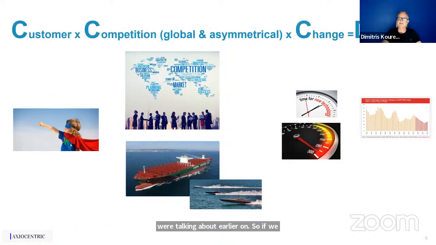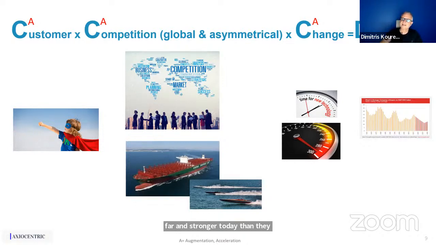So if we think about this like a formula, you have customer augmentation, the augmentation of the power of the customer. So customers are by far stronger today than they have been before.